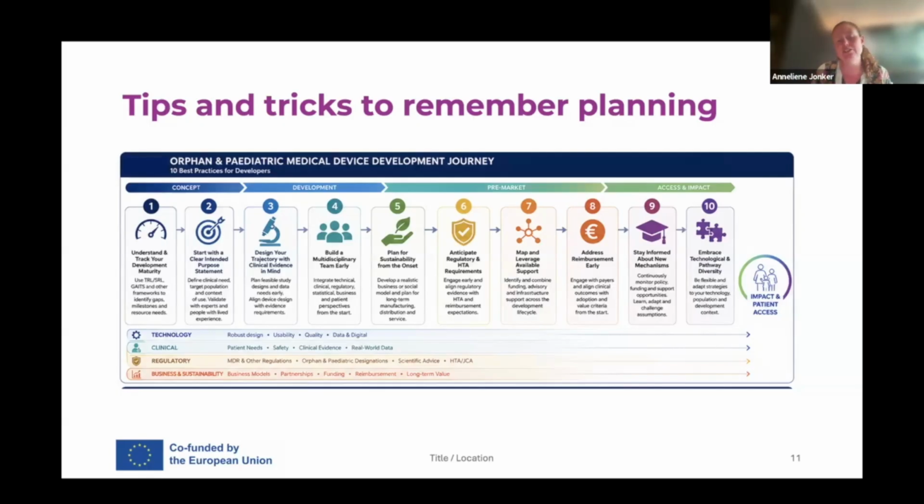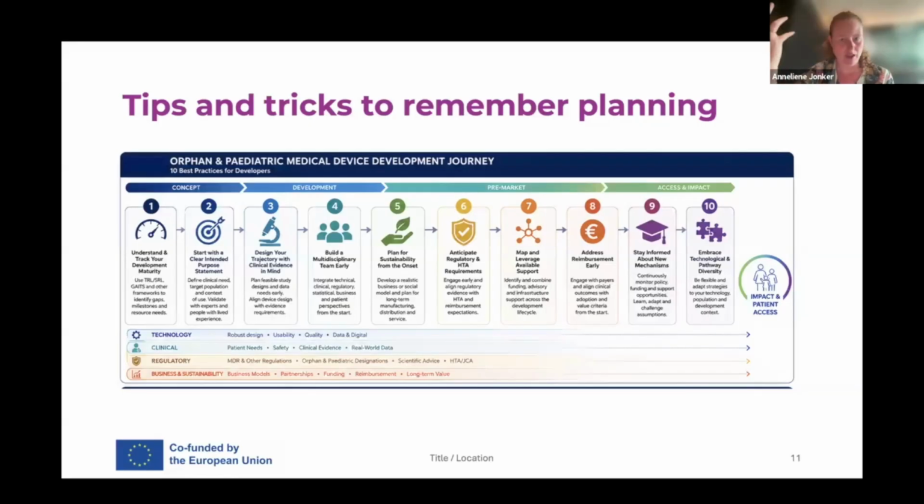And that really needs to be the starting point, with a clear clinical need, clear target population, and a clear context of use that starts off your development. Then, in terms of development, I think the third tip or trick is to design your trajectory with clinical evidence in mind. Plan a feasibility study design really well. Think about your data needs quite early on.